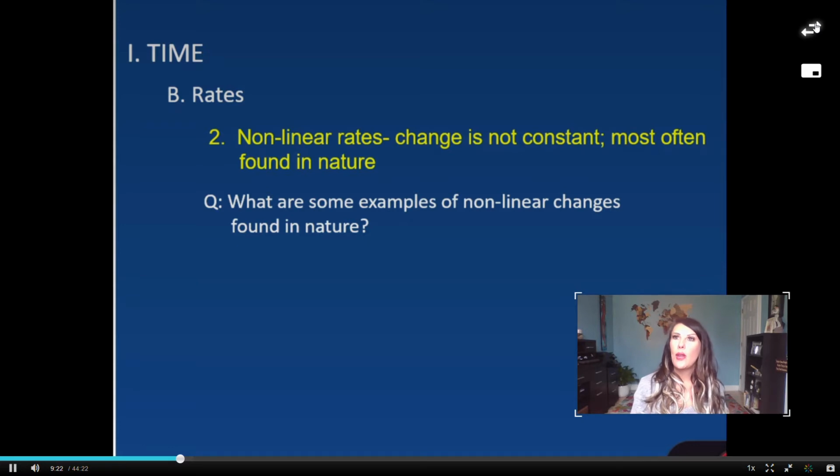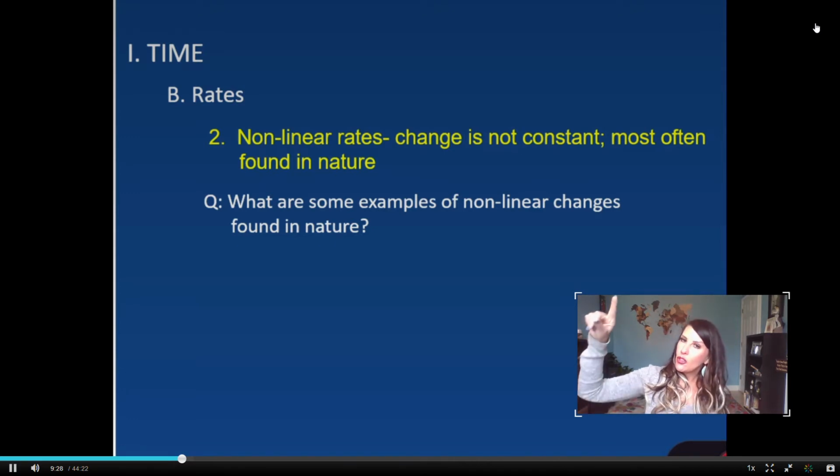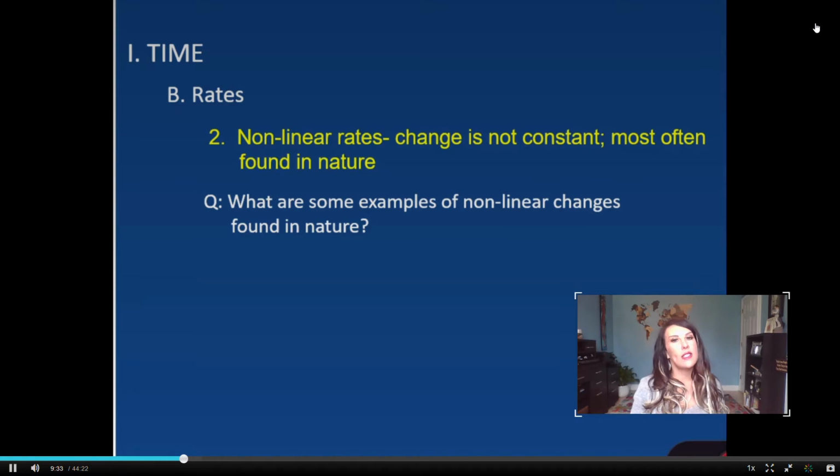We can think in terms of a bell-shaped curve, an exponential curve, or rates that increase and decrease, like an oscillatory type of curve. A scatter plot would be another example. There are many examples.